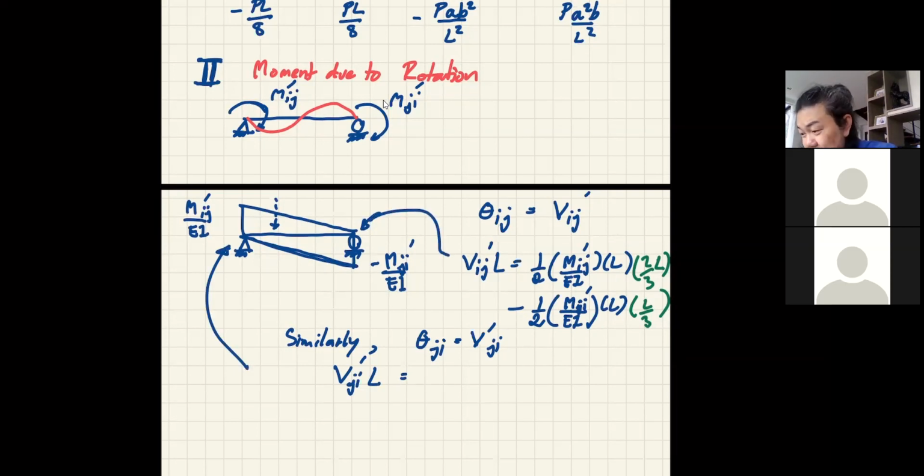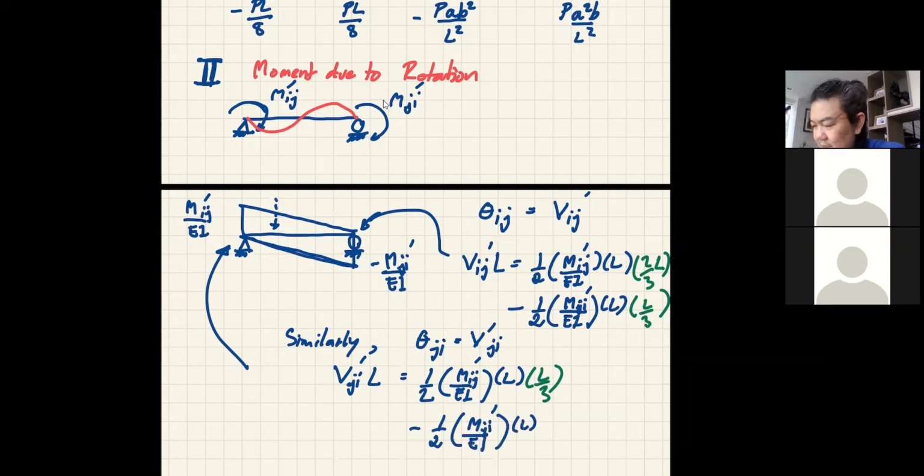So it's going to be a half of Mij prime over EI multiplied by L, and then this time the moment arm becomes L over 3, minus a half of Mji prime over EI multiplied by L. This time the moment arm of the negative one becomes 2/3 of L.